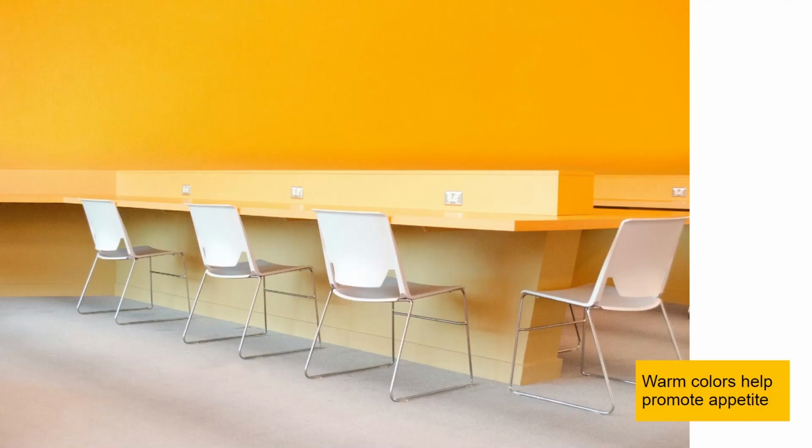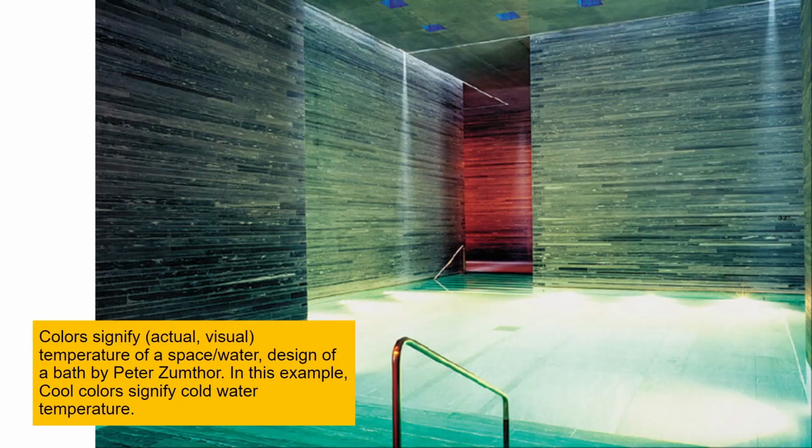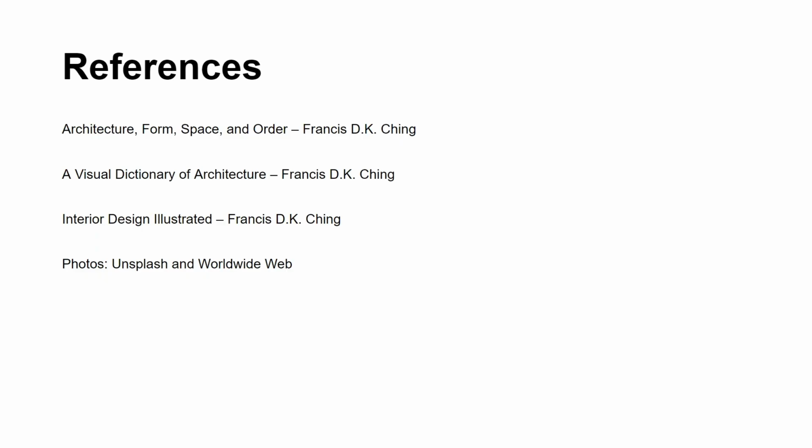Warm colors help promote appetite as well. Colors used together with lighting and form create an interesting design feature or accent. Colors also signify the actual visual temperature of a space or water. For example, cool colors signify cold water temperature.